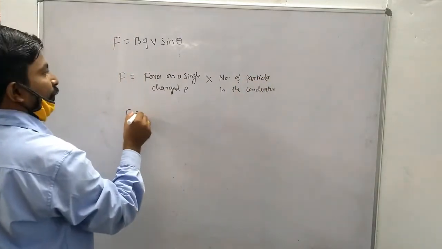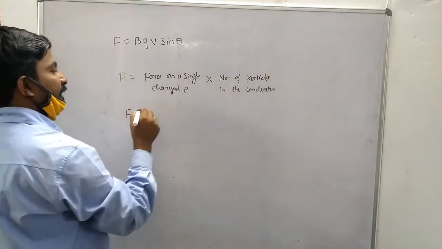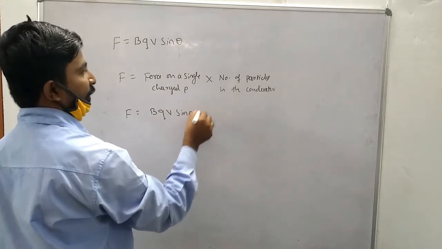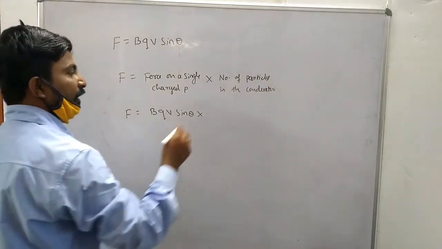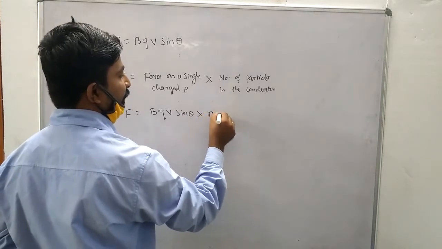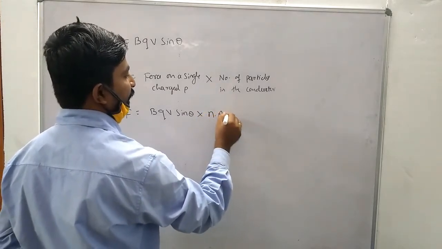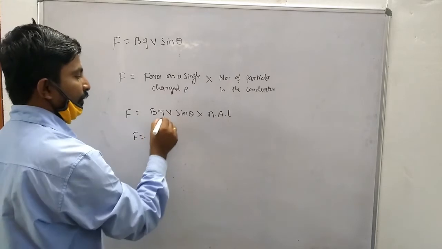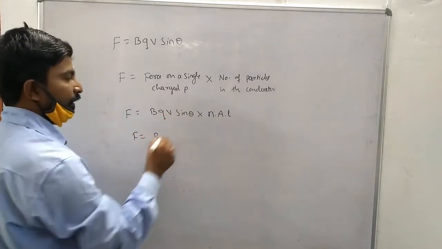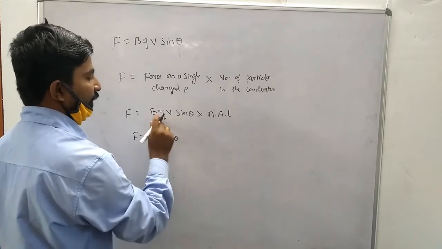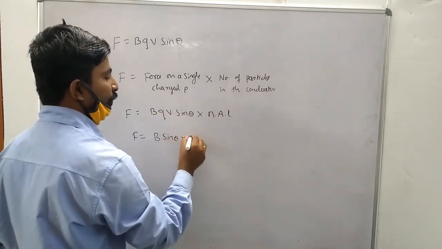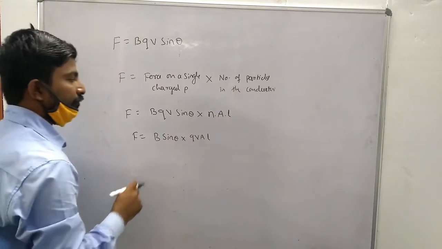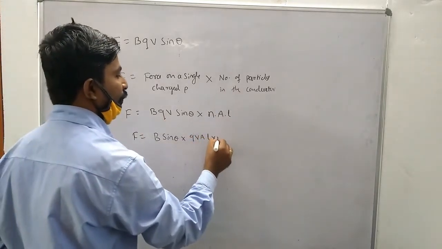The force on a single charged particle is B Q V sin theta, into the number of particles in the conductor, which we can write as N A L. So F is equal to B as it is, then sin theta, then Q V into N A L, with Q V and N remaining.